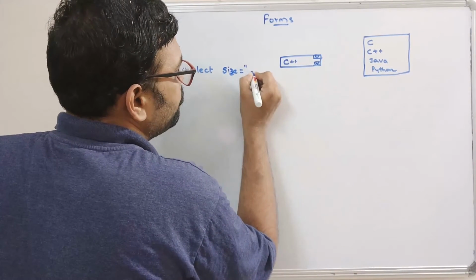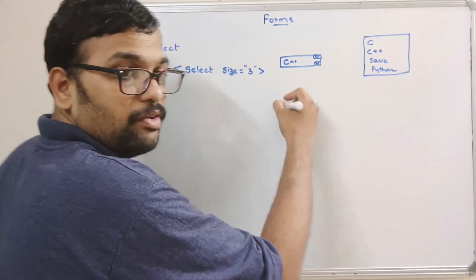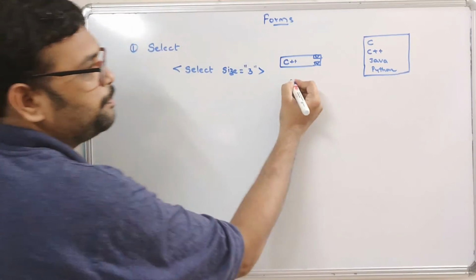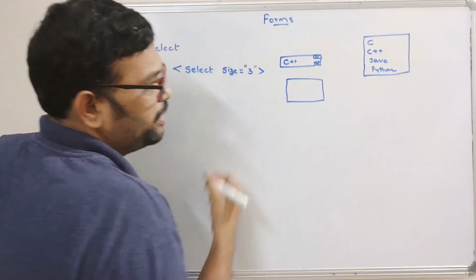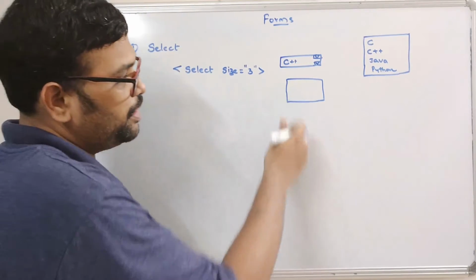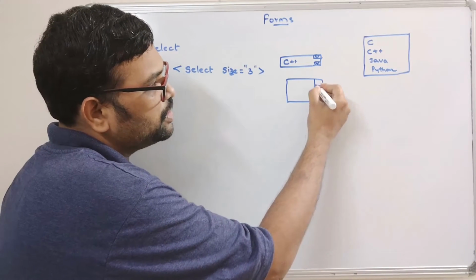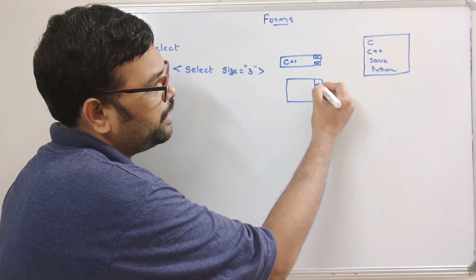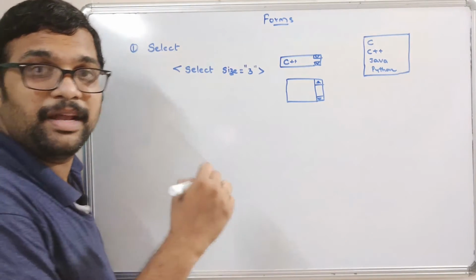Let us take size equal to 3. That means the 3 elements will be displayed here and all the remaining elements will be in the background. You have to use the scroll bar in order to get the remaining elements.